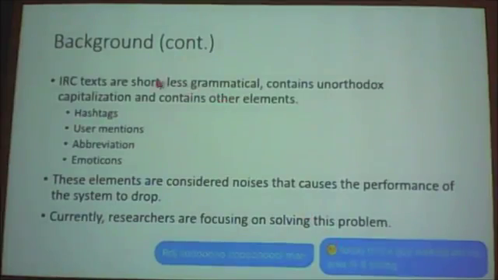So, internet-related text is short, less grammatical, and contains unorthodox capitalization and other noises like hashtags, abbreviations, and emoticons, which don't work well with the traditional entity recognition systems because these are not common words.